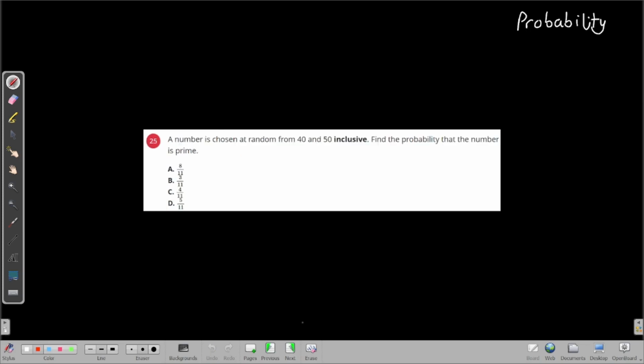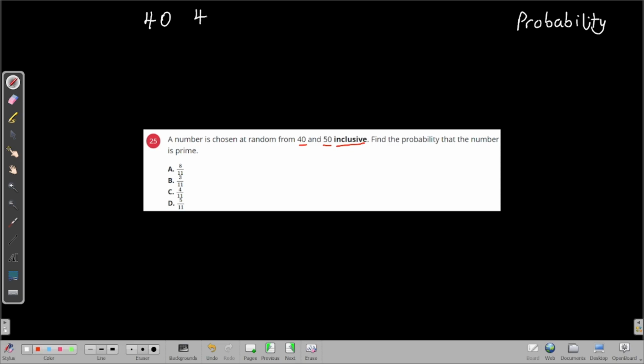A number is chosen at random from 40 and 50 inclusive. Okay, so this is probability. They said from 40 and 50. So you're choosing a random number between 40 and 50. They're like 41, 42, 43, and so on and so forth. Now they said inclusive. Inclusive means you have to add 40 and 50.